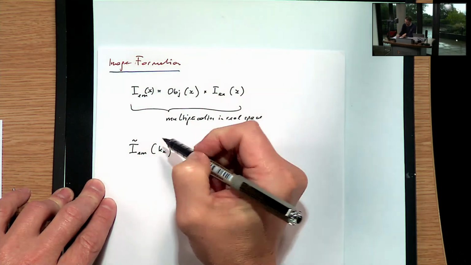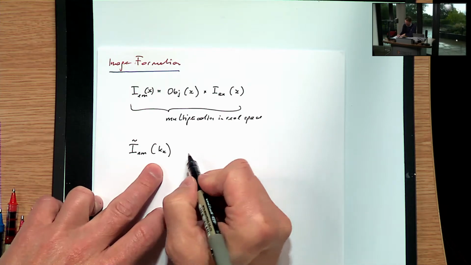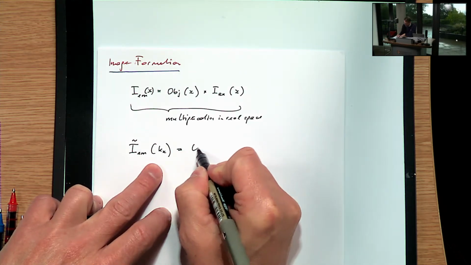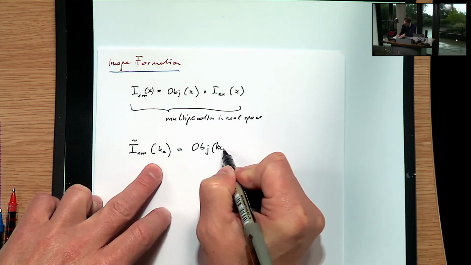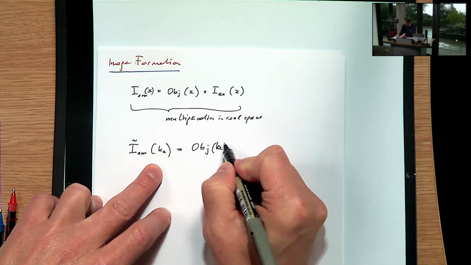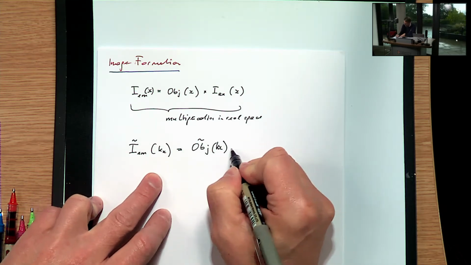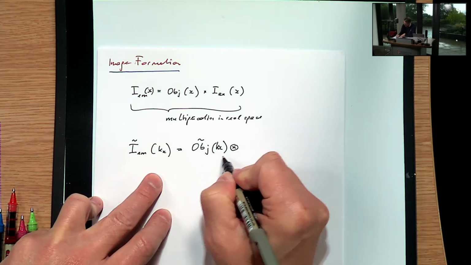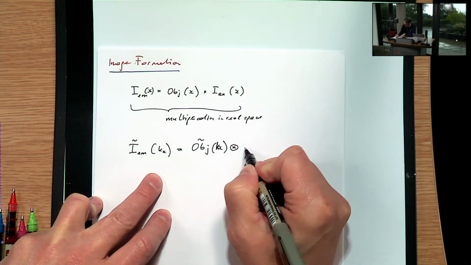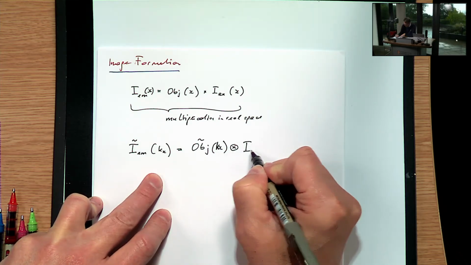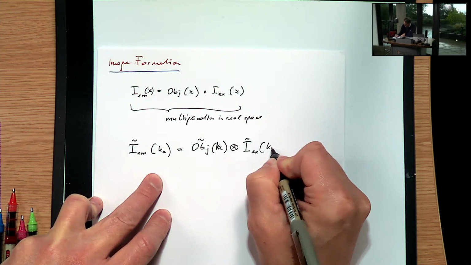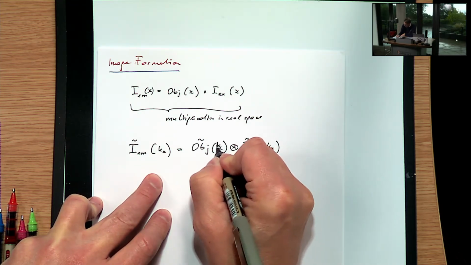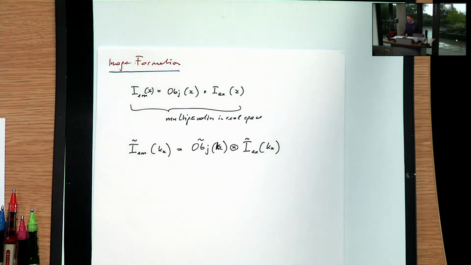So we are now in spatial frequency space, and that is given by the Fourier transform of the object function, sorry, the Fourier transform of the object function convolved with the Fourier transform of the excitation pattern. So this should be a function of k, where k is of course the spatial frequency.